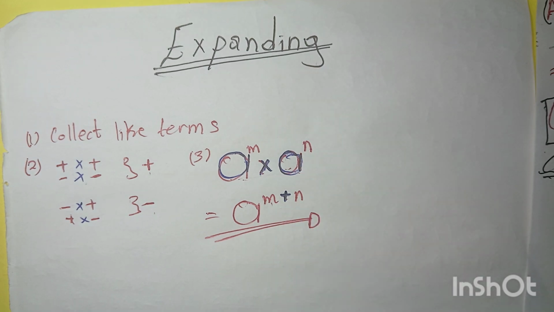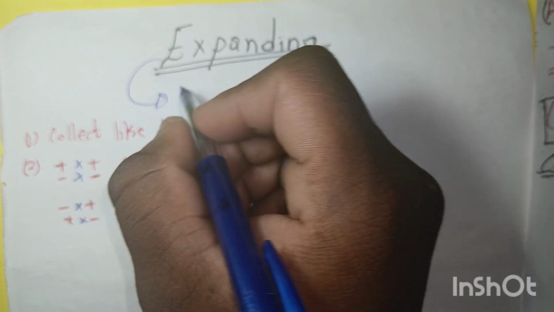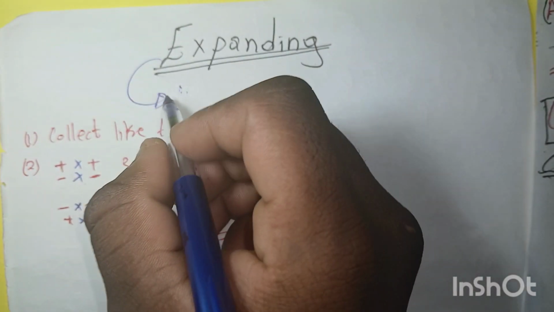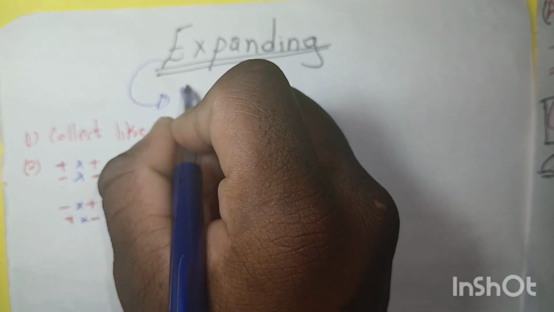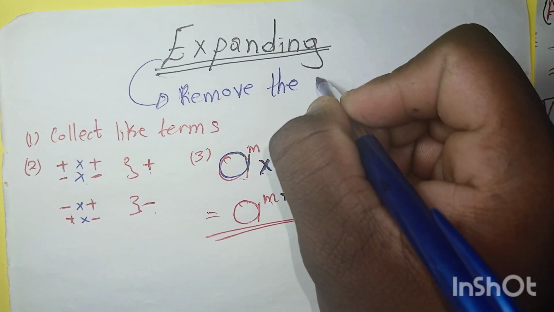And another thing that you should know: when you expand, you multiply by something inside a bracket to remove the bracket. But to write it short, I will just say you remove the brackets.